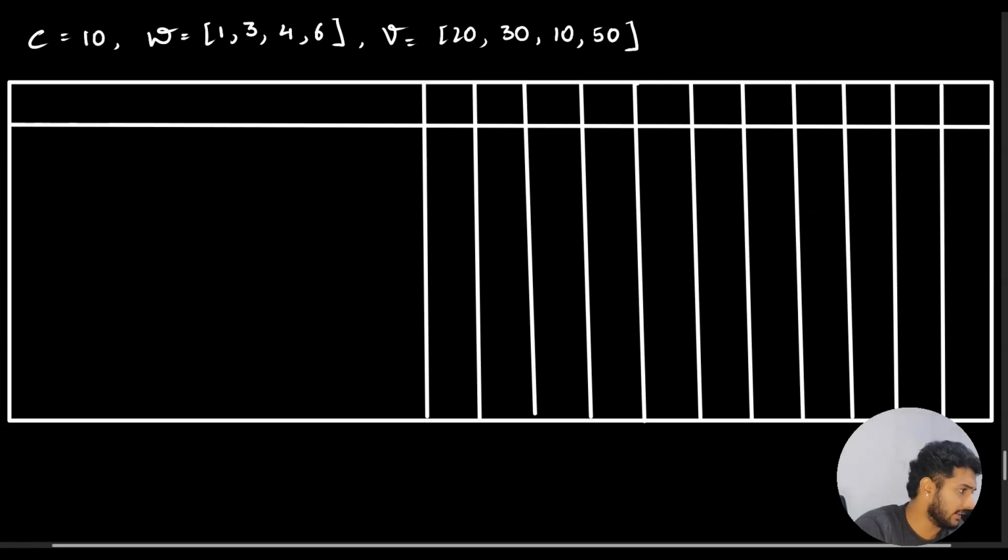So here in the data, we have the total capacity as 10, whereas the weights are given as 1, 3, 4, 6, and the associated values are 20, 30, 10, 50. The approach is going to be very simple, and let us start.